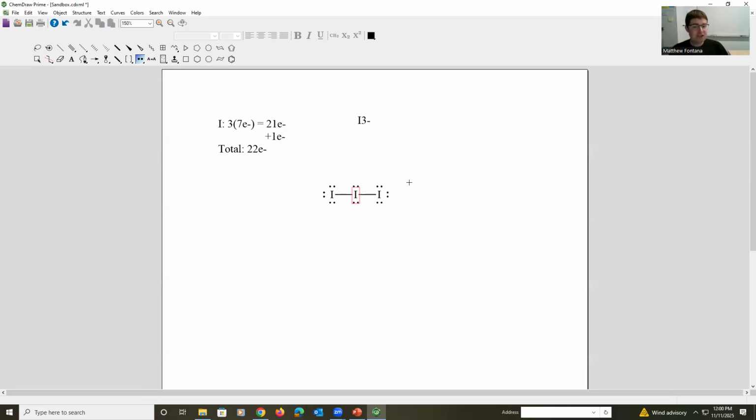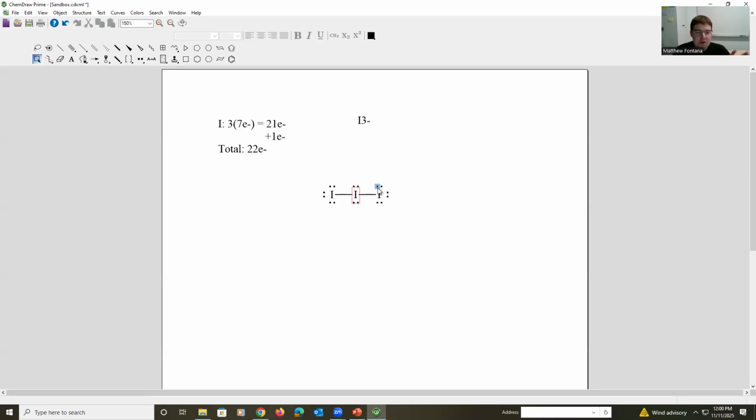Okay, so now we know that each iodine is going to have a total of eight electrons on it, and so the iodine is going to have a full octet. And so then what we do is if we want to add these up together, we can see that we get 2, 4, 6, 8, 10, 12, 13, 14, 15, 16, 17, 18, 19, 20 electrons.